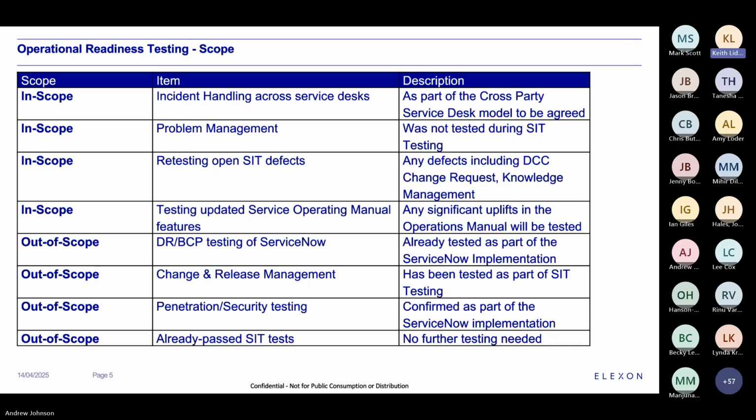The way we were doing things before in the SIT testing was agreed at the time, and it wouldn't be the final process, and we're still in the same position. So we need to make sure that there are DIP related tests in here, even if they're not the same as the ones that we did previously. Yeah, I totally agree, Keith. The way we're looking at the testing, we'll take not only DIP, but each individual product. So although it won't be a repeat of the SIT testing, there will be testing on those products as well in terms of incidents.